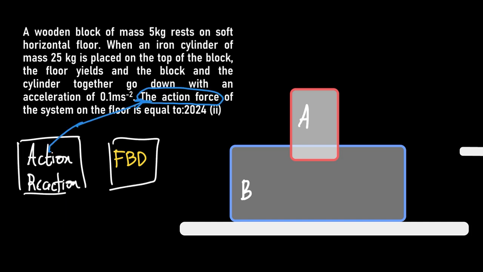That's why we discussed action and reaction pair. And why did we discuss free body diagram? Because using these two, we can now determine the magnitude of action force. Okay? How?